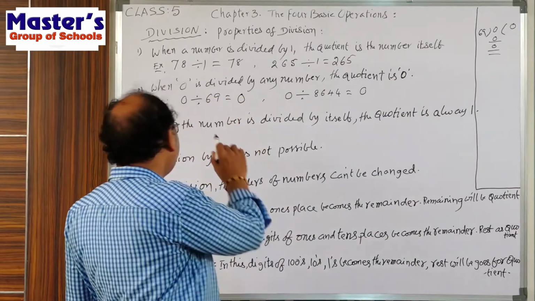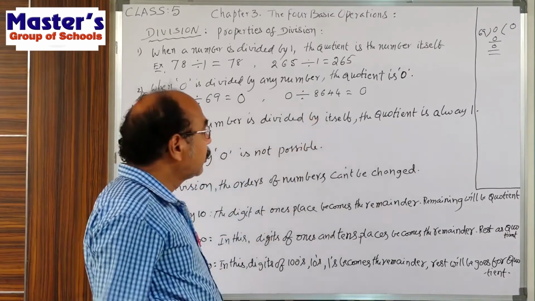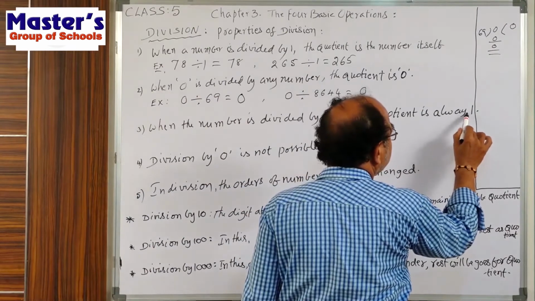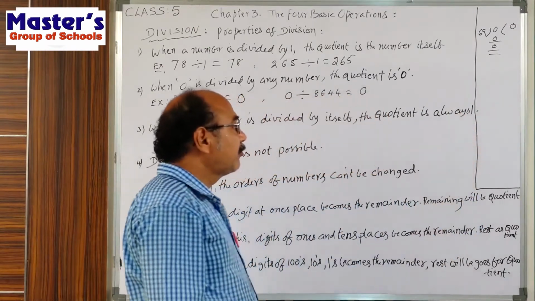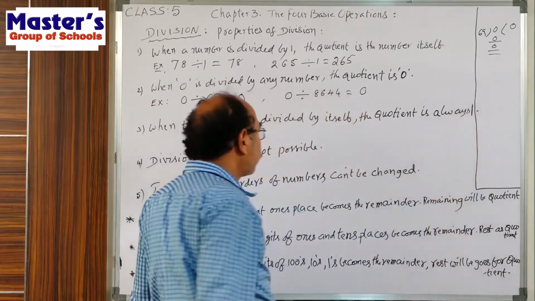Now come to the third property. When a number is divided by itself, the quotient is always 1.